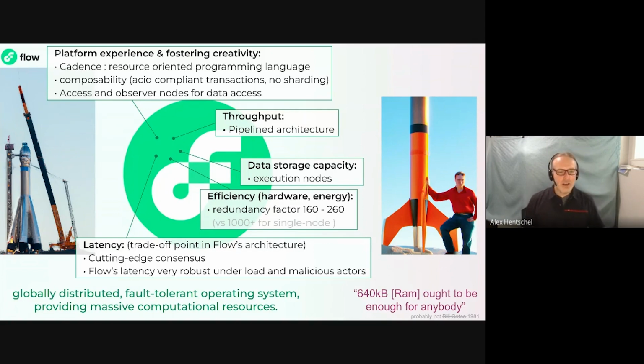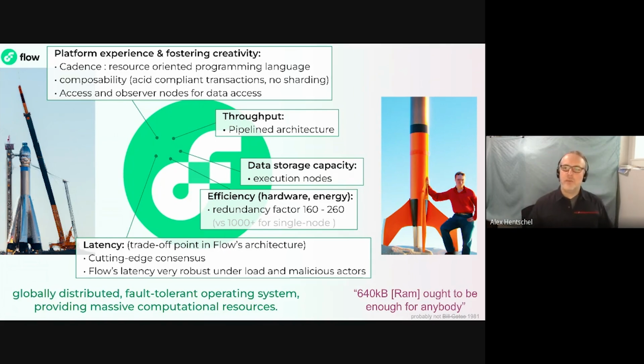We have access layers, the access nodes and observer nodes, which anyone can run for highly scalable data egress. Our pipelined architecture, including the execution node, allows an excellent throughput of the mature system. The execution nodes can provide large world states, managing petabytes of world state.